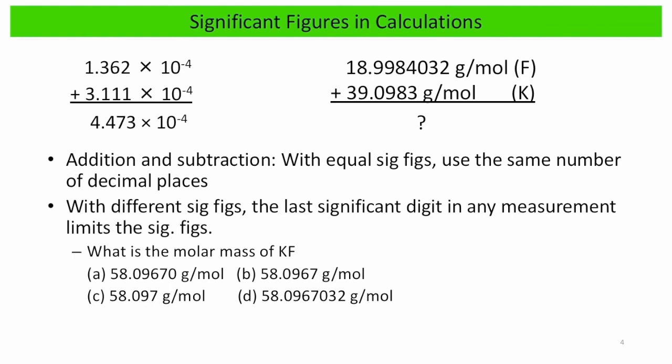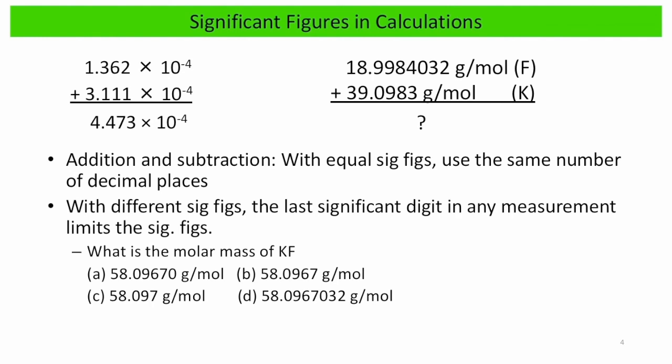It might be, say, 0.05 milliliters, and then take a final reading, say that's 25.68 milliliters, and then you'll have to subtract your initial value from your final reading in order to get the amount of titrant that you have added to your solution. So when you're adding and subtracting, the thing you have to remember is that the number of decimal places in the answer will be the same as the smallest number of decimal places in one of your values.